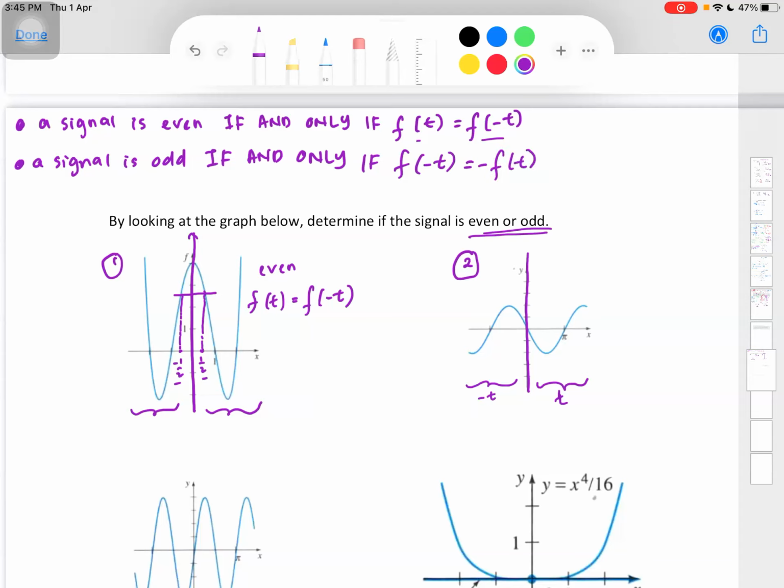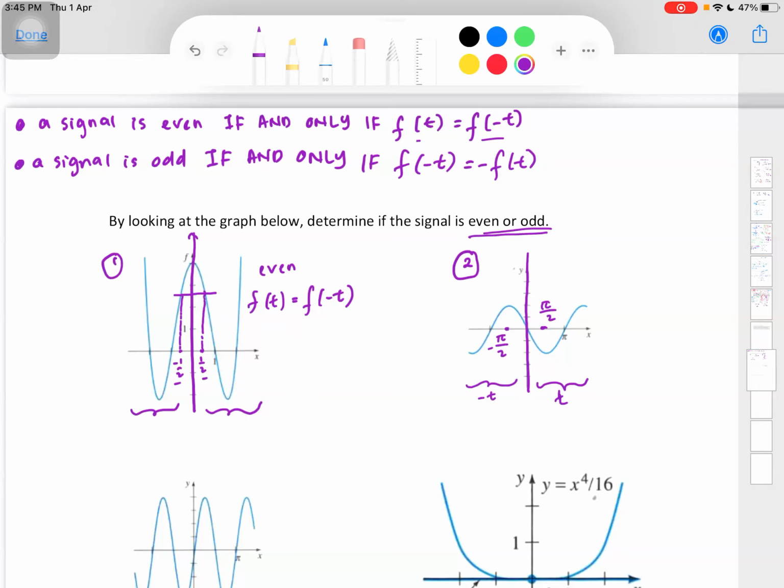This means the amplitude of the signal at negative time will have the same value as at positive time, but the inverse of each other. Let's say this point is minus pi over 2 and this is pi over 2.